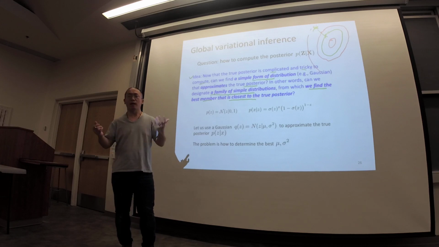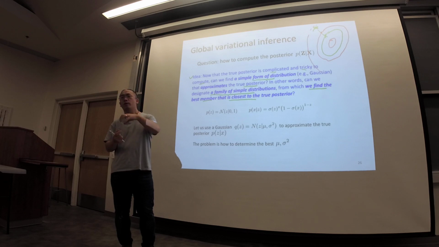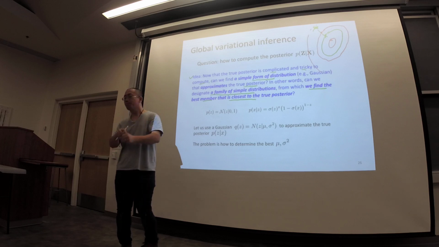Theoretically, you can always enlarge your family of distributions to be big enough to include the true posterior, and then ideally you can find the true posterior. But practically that won't be feasible. You have to shrink the family of distributions to allow feasible computation.